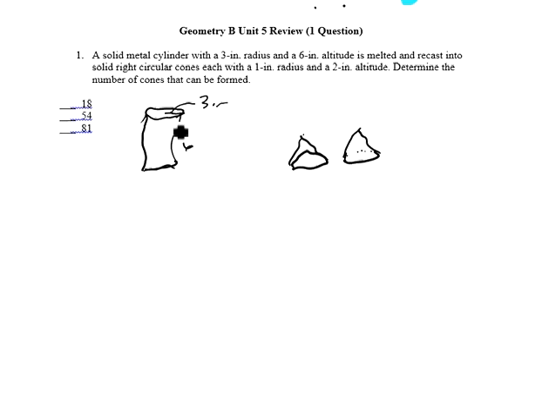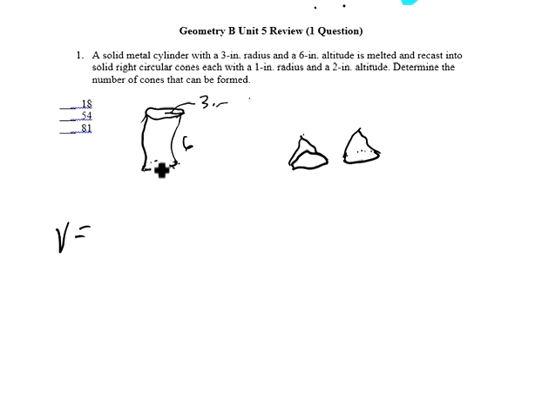So I need to figure out how much is here, and then I'm going to make little cones. So first of all, when I melt this down, I need to know the volume. And volume of a cylinder is the area of the base times the height. Sorry, not circumference, area of the base.